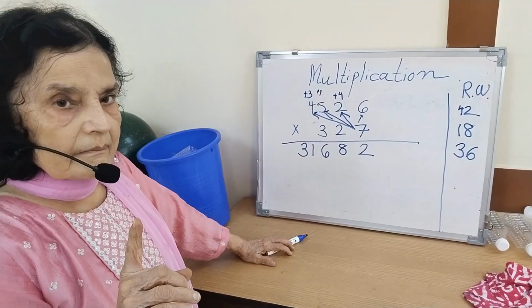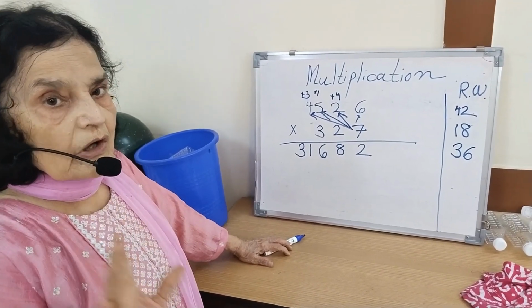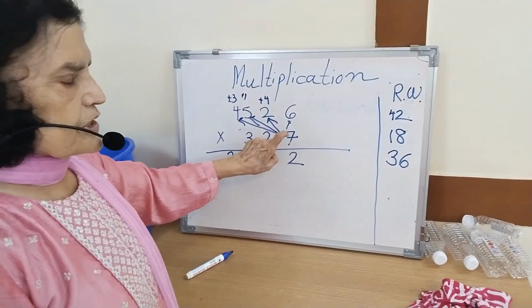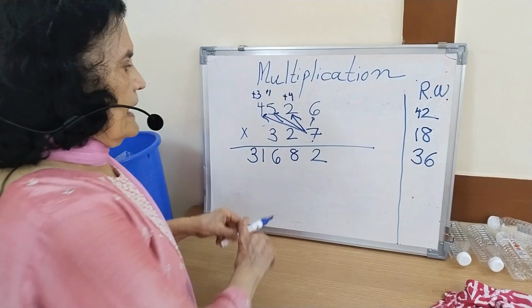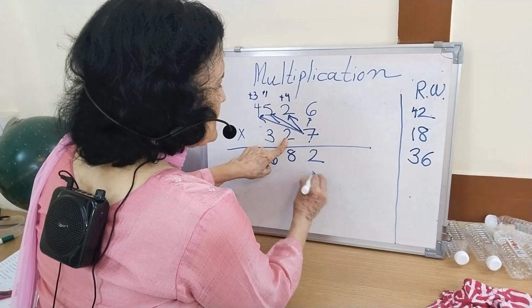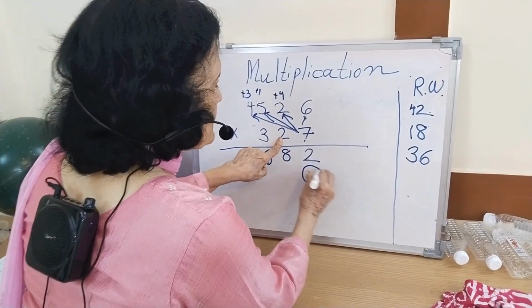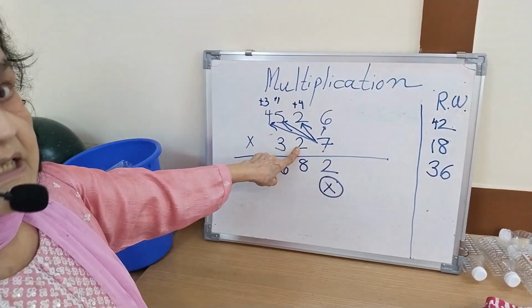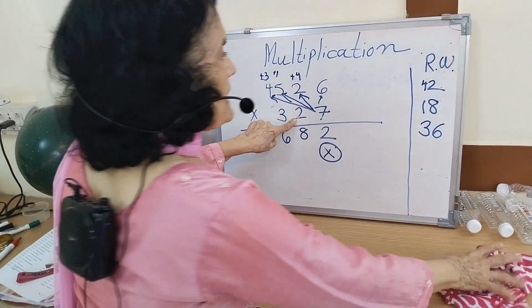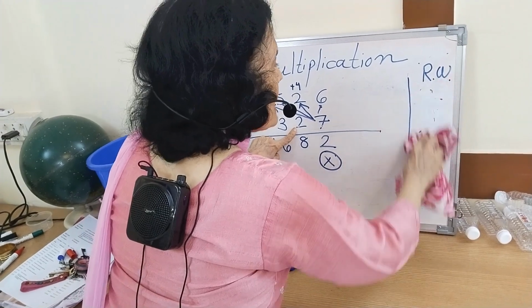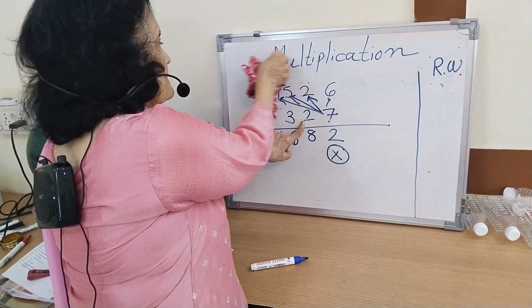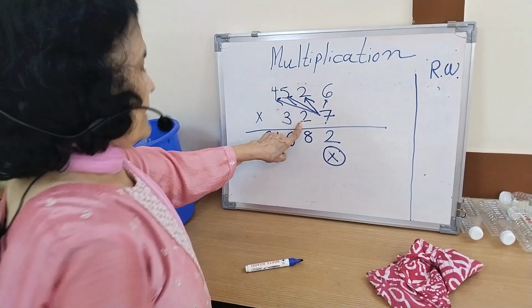But this will come only when you have got a lot of practice. Now we have utilized this unit number here. And hence, when we go on to the second one, we will show that the first unit number is already utilized by this sign. Now we wipe off the RW, that is rough work, as well as the plus numbers on top.